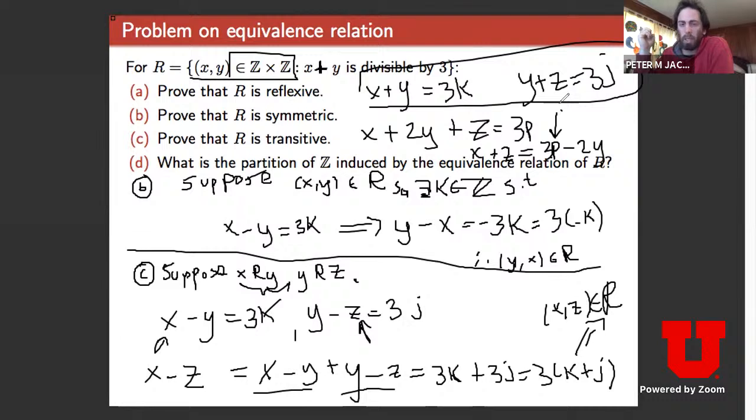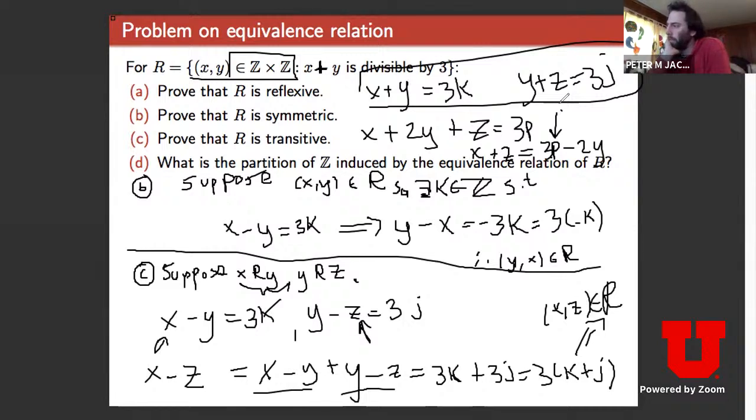So what we do know is that x minus c is divisible by 3, because if we take the difference of them, then that's divisible by 3. But I think you should be able to come up with a counterexample. So that would be a good exercise. And we have 2 minutes left, so we don't really have time to do anything else anyway.